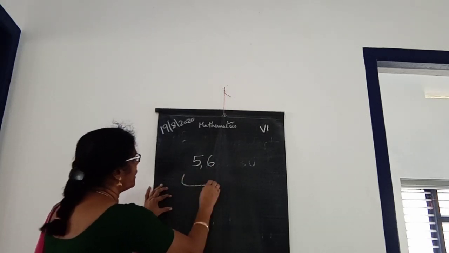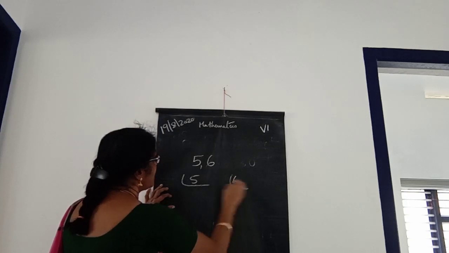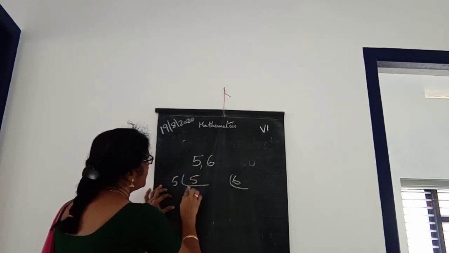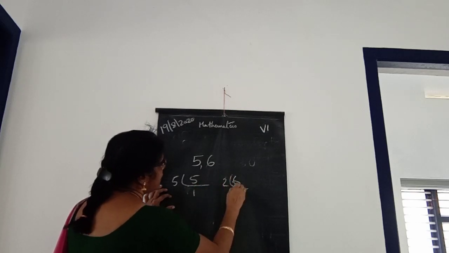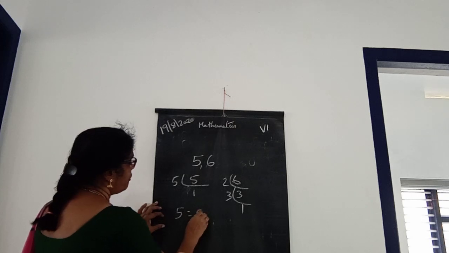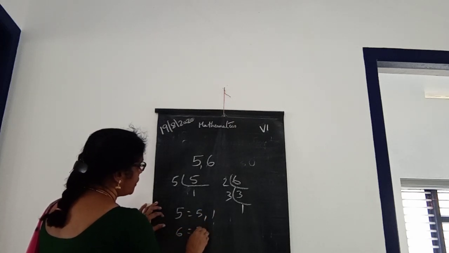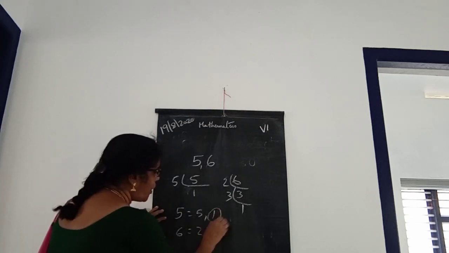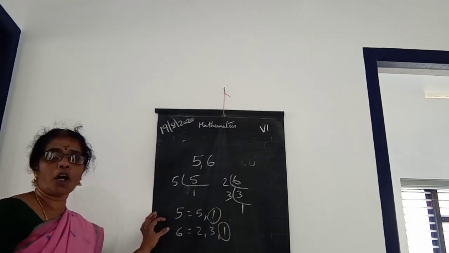What is the HCF of 5 and 6? Look here, 5 is 5, 1, and 6 is 2, 3, 1. Which is the common factor here? 1 is the common factor.